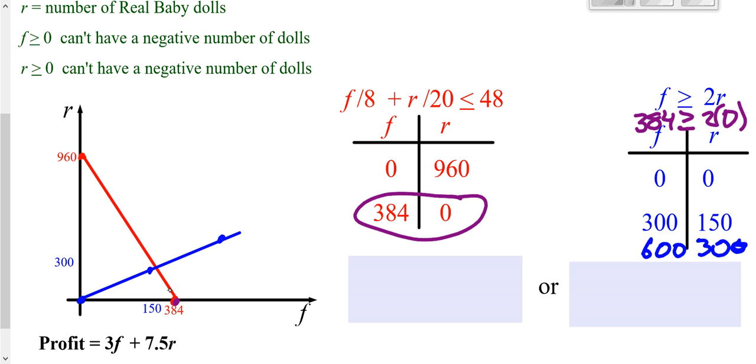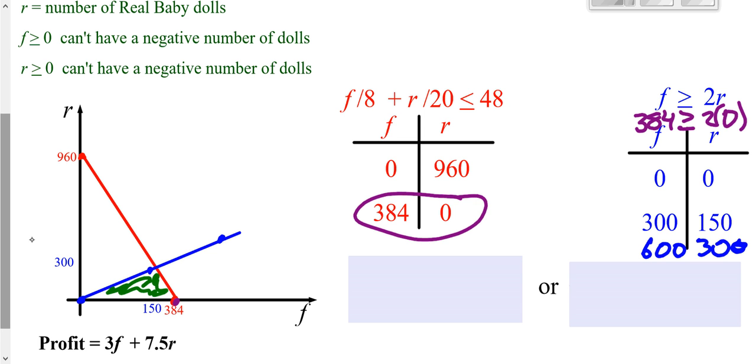So that means from the red over here, I was shading in the big red triangle. When I'm looking at the blue, I tried this point, so I got to shade on that side of the blue line. So I'm really only dealing with this area right here.